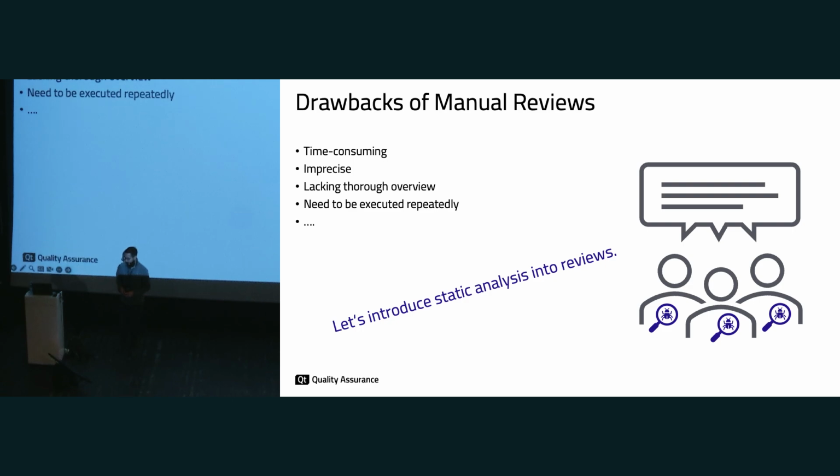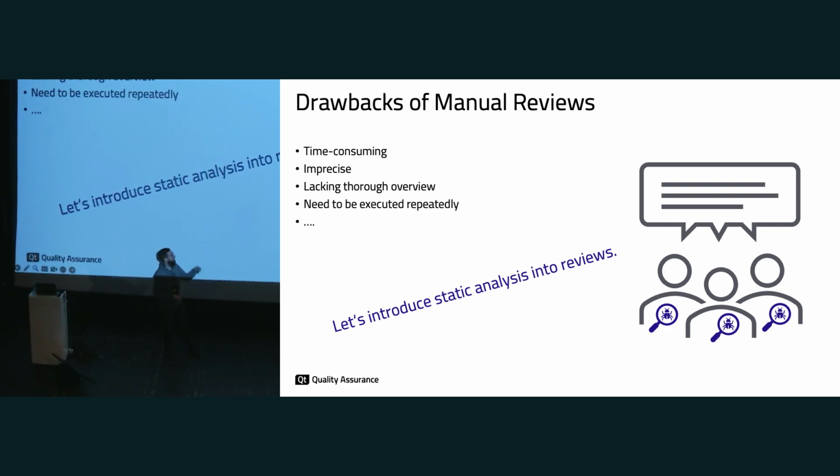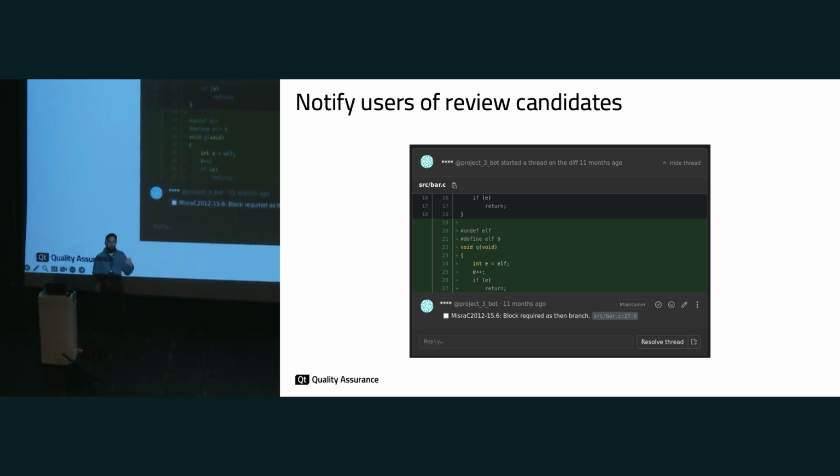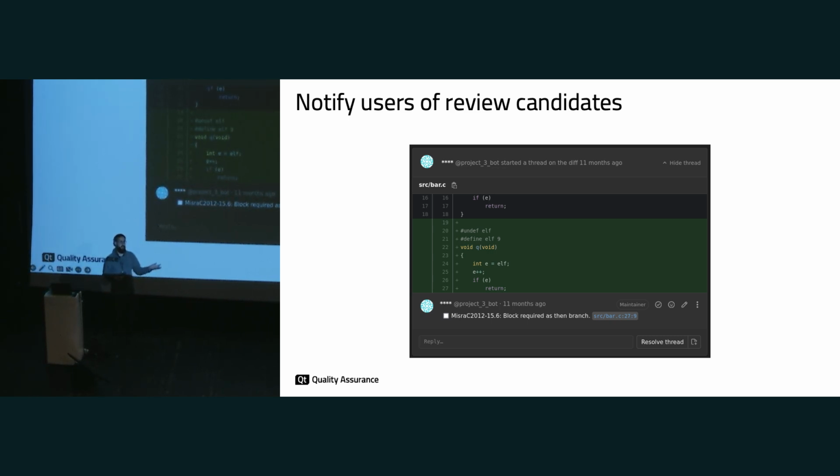And of course, it needs to be done repeatedly. So let's introduce static analysis into our reviews. I'm just going for a screenshot here. Basically, what you could do is have a tool that comments in the pull requests, just like a human would do, except that we are taking out at least parts of the human error.